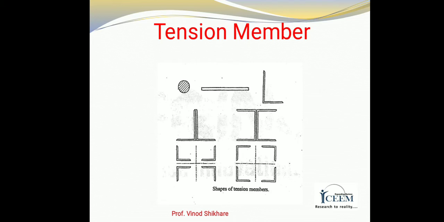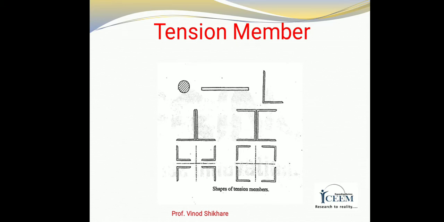Tension members are linear members in which axial forces act to cause elongation, that is stretch. Such members can sustain loads up to the ultimate load, at which stage they may fail by rupture at a critical section.